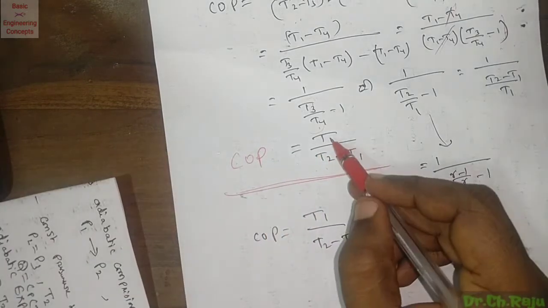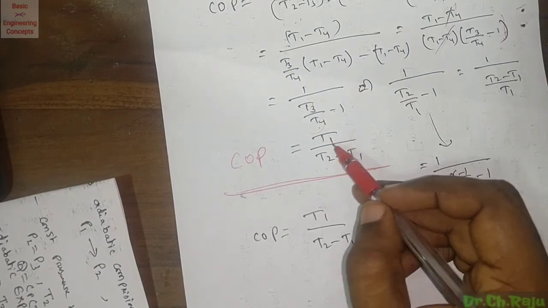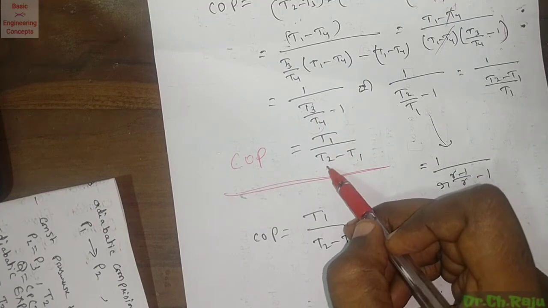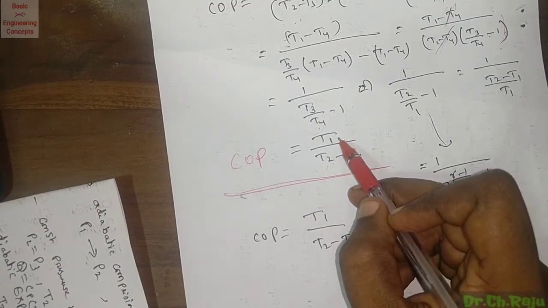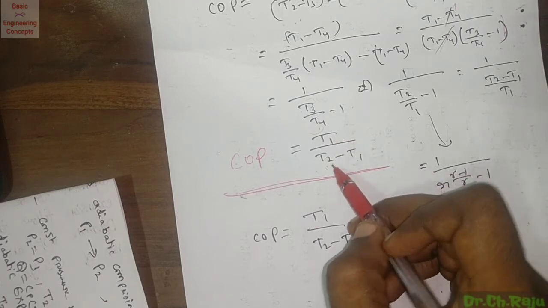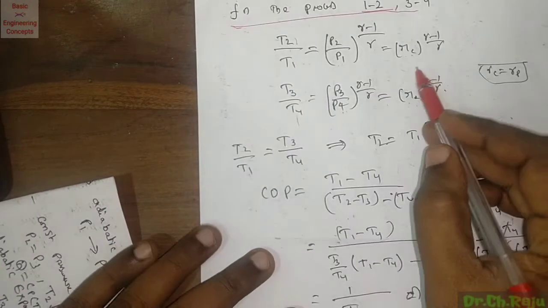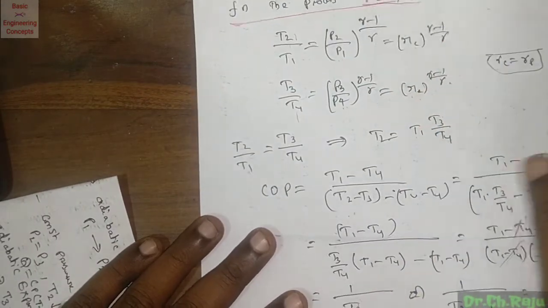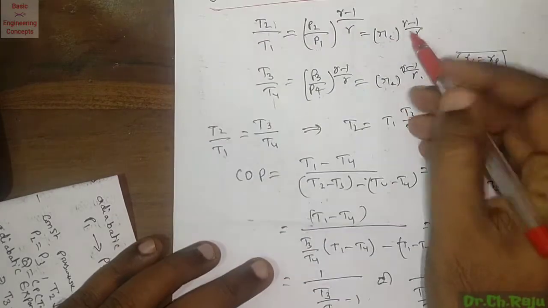You can take T1 as the temperature at which air enters the compressor, the initial temperature before entering the compressor, and T2 as the temperature at which air leaves the compressor, after the compressor. This can be rewritten using the relation T2 by T1 is equal to RC to the power of gamma minus 1 by gamma.